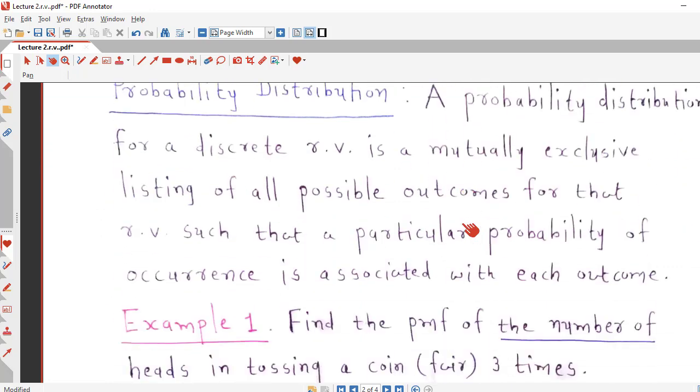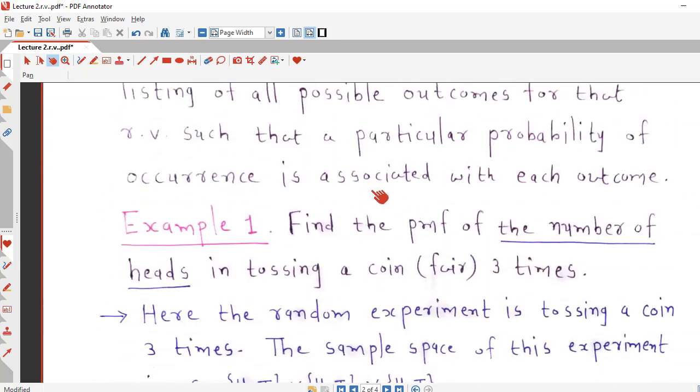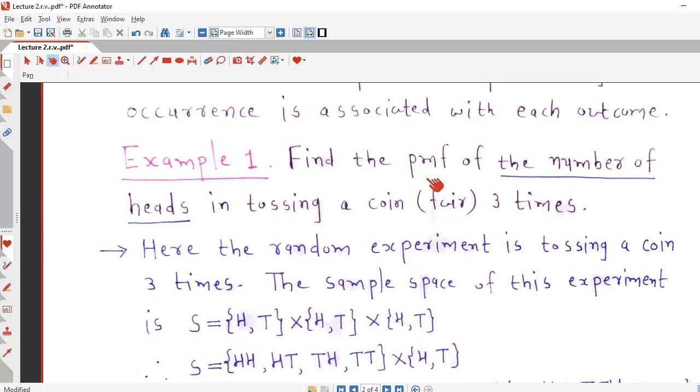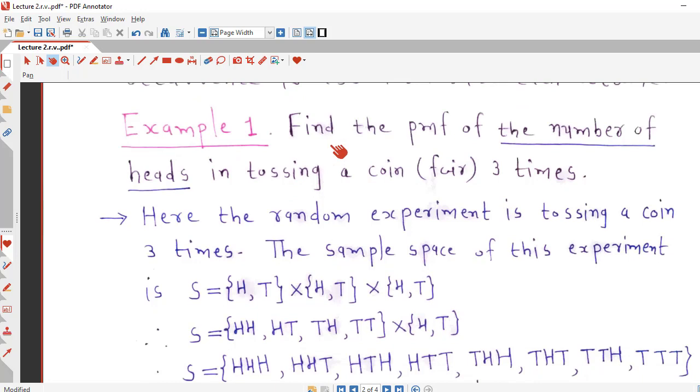So we consider one example of how to write down the probability distribution or how to find the probability mass function. Find the probability mass function of the number of heads in tossing a fair coin 3 times. So in this example, the random experiment is tossing a coin 3 times, and the random variable is the number of heads.